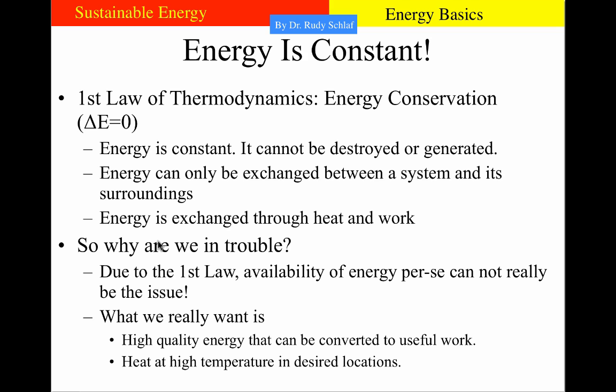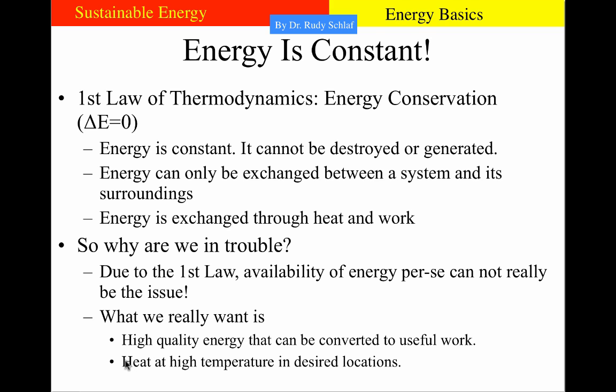So why are we in trouble with energy? Availability of energy is not the issue because it's constant, so we should never run out of energy. But the problem is we need high quality energy that can be converted to useful work, like the Snickers bar on the previous slide. We cannot do anything with the low grade, low temperature heat that has been emitted to the environment.